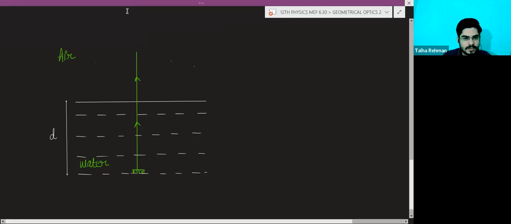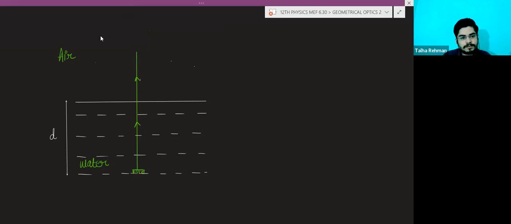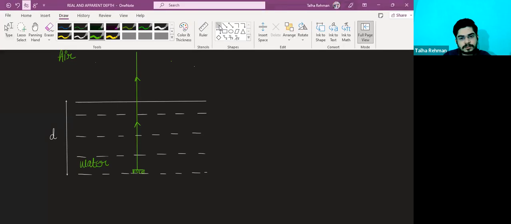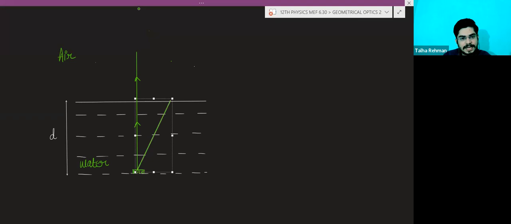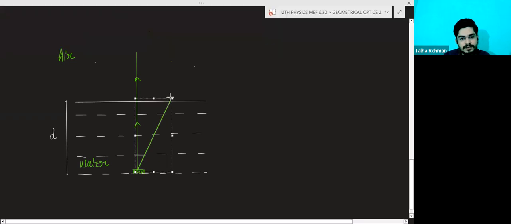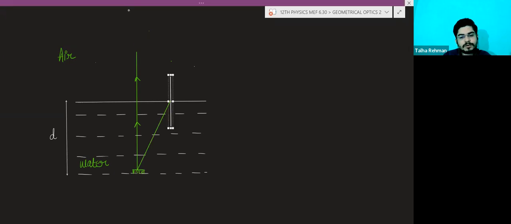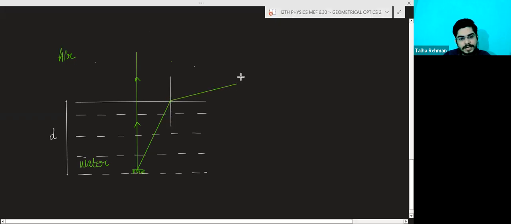We have discussed. Another ray of light from this will be like this. Suppose going like this, then this time the light is moving from denser to rarer. Suppose this is the normal. So when the light is moving from denser to rarer, what happens? Moving denser to rarer, it bends away from the normal like this.